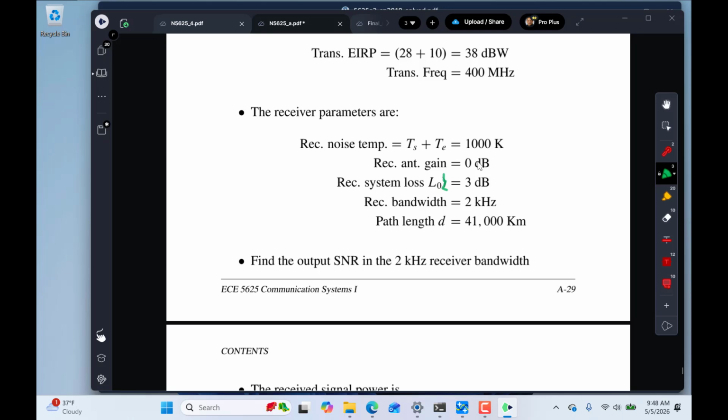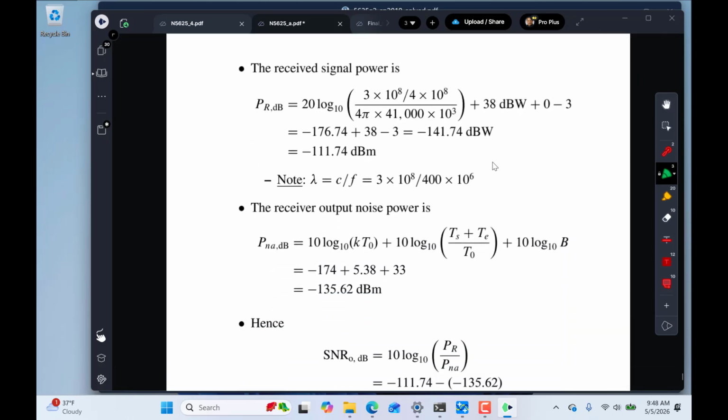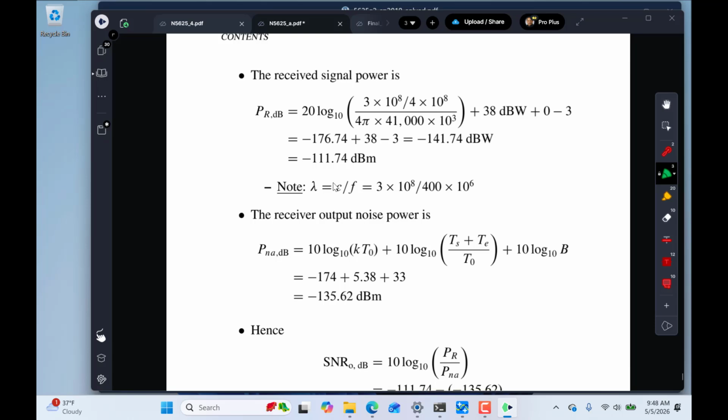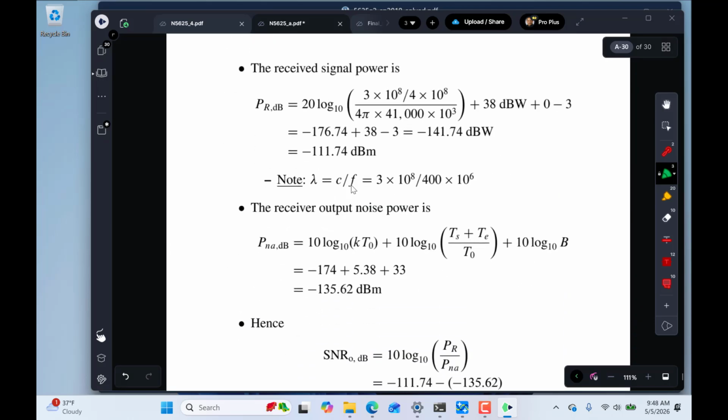Sirius XM radio. There's more to it than that. And then receive noise temperature, which would be computed under the hood using Friis's equation for TE, and TS for the source, 1000 degrees Kelvin, and then plug all this stuff in and use the fact that the carrier frequency was 400 megahertz.